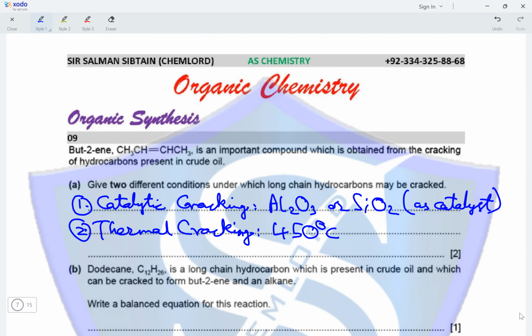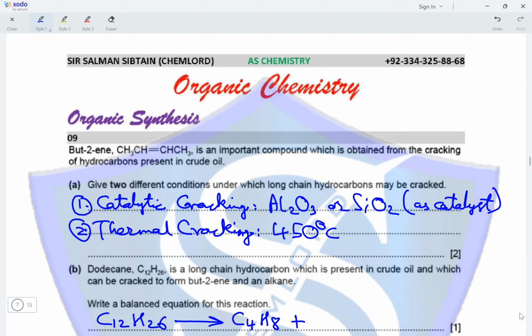Dodecane C12H26 is a long chain hydrocarbon which is present in crude oil and which can be cracked to form butene and an alkane. Write a balanced equation for this reaction. So we have C12H26 undergoing cracking to produce butene. So the formula of butene would be C4H8.